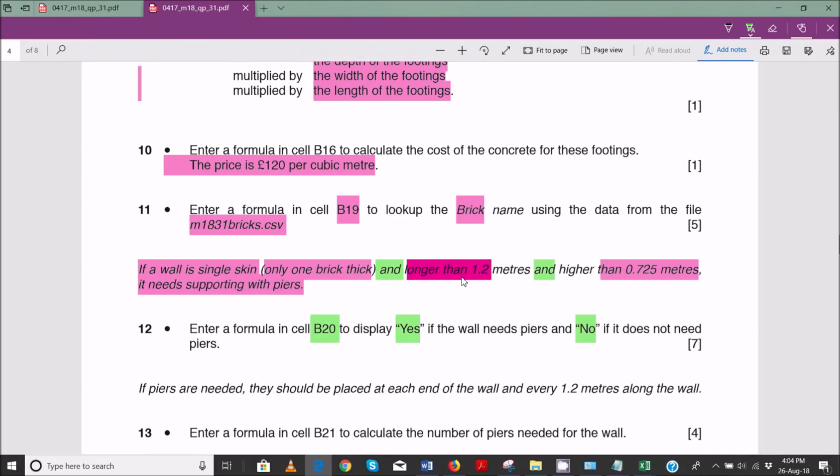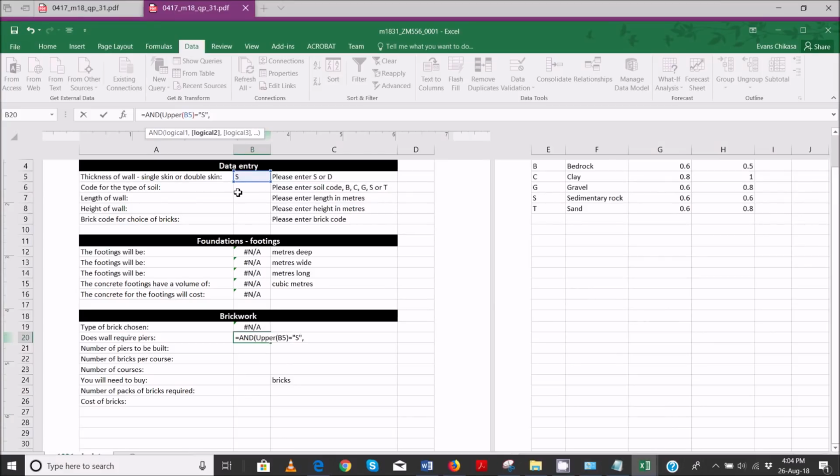If the wall is longer than 1.2 meters, so length of wall, this one greater than 1.2, comma, logical test 3, and you can have as many logical tests as possible, but the AND will make sure that all those logical tests evaluate to true before it can return a true value. Otherwise, if one of them evaluates to false, then the rest of the formula will evaluate to false.